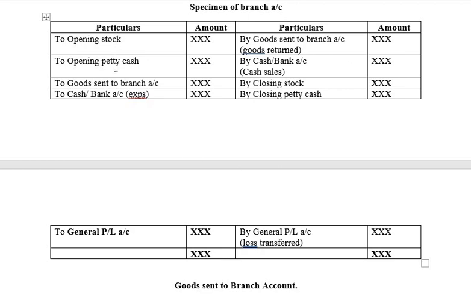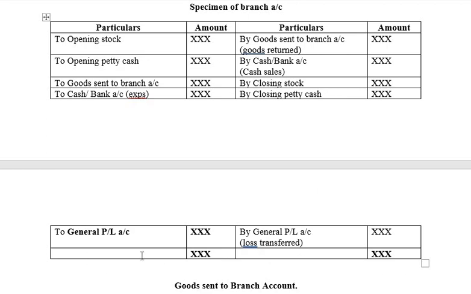Opening stock and opening petty cash go to the debit, then goods sent to the branch go to the debit, and expenses paid to the branch will also go to the debit. If goods are returned by the branch, it goes to the credit. Cash sales made go to the credit. Closing stock and closing petty cash go to the credit.